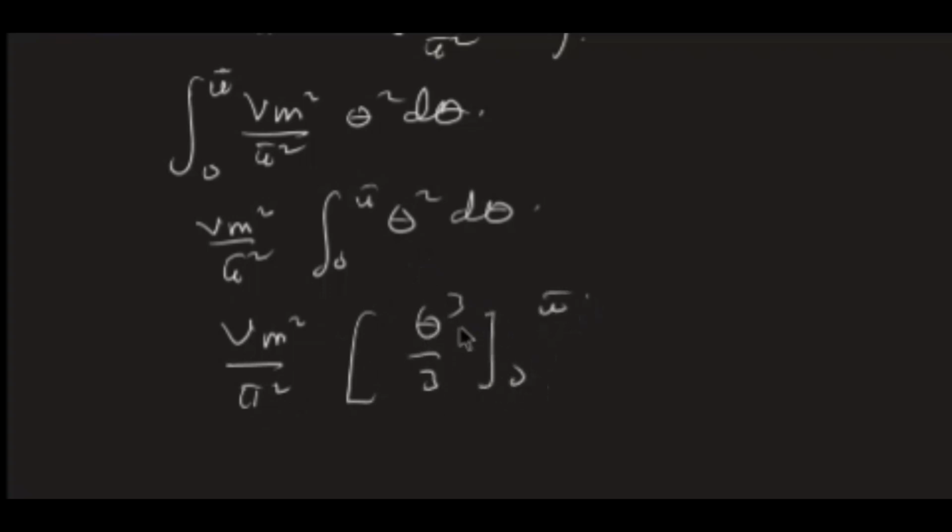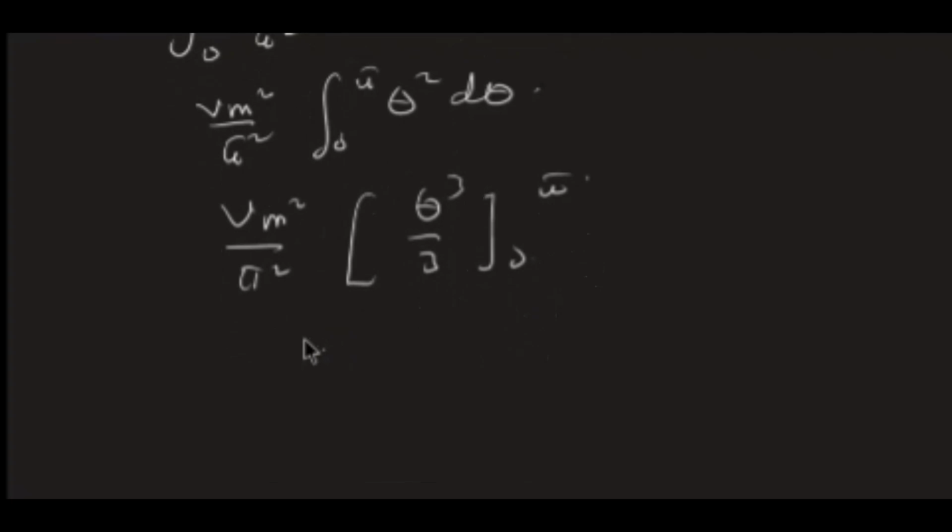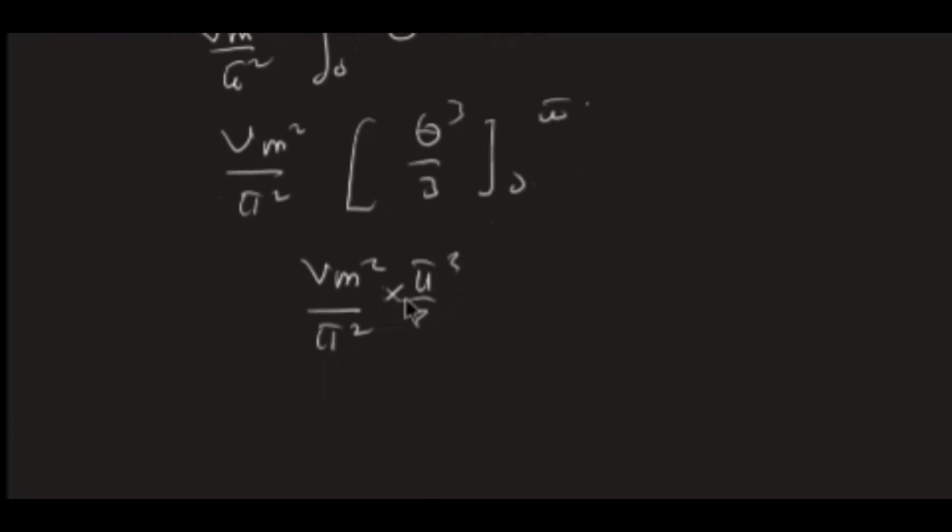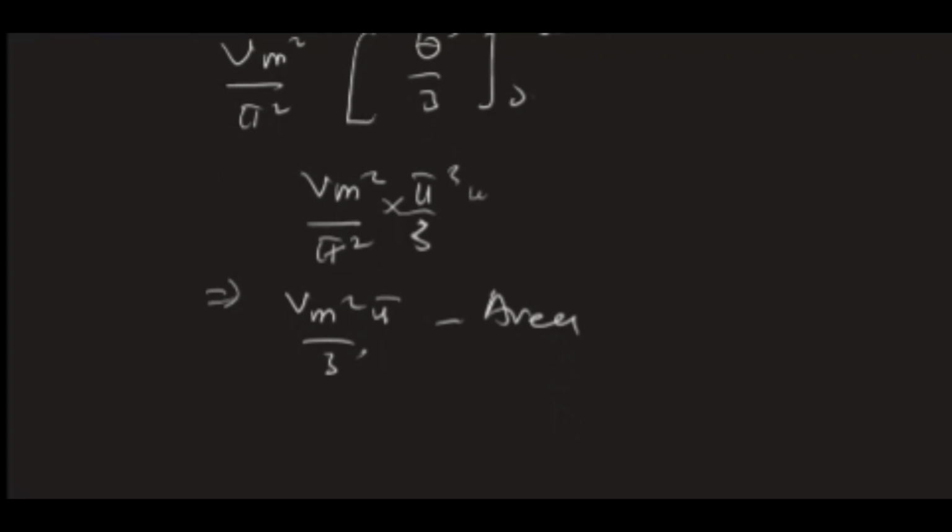At 0 everything will be 0, then at pi I get Vm squared over pi squared times pi cubed on 3. So this pi squared cancels with pi cubed and my answer is Vm squared pi on 3. This becomes the area of the squared cycle of the triangular aspect.